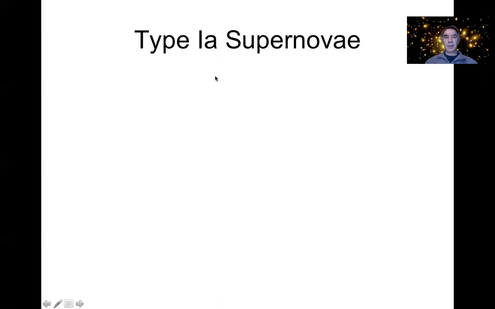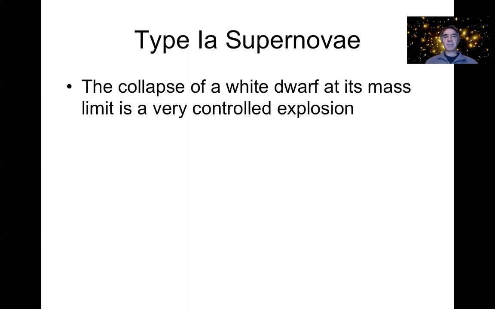If you recall, this is the type where you take a white dwarf star, which has a very specific upper mass limit, and you add mass to it until you just push it over that limit, and then it explodes as a supernova. So that's what a type 1a supernova is.